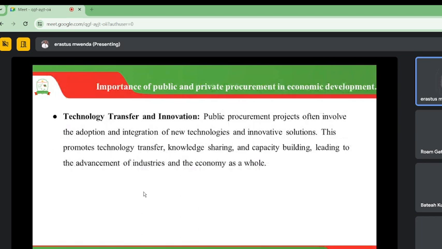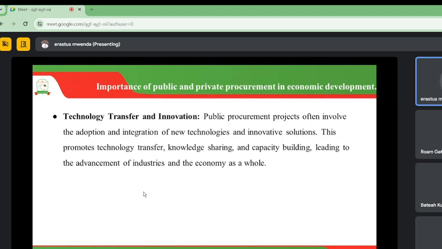Another importance of public and private procurement in economic development is in regard to technology transfer and innovation. We are saying public procurement projects often involve the adoption and integration of new technologies.